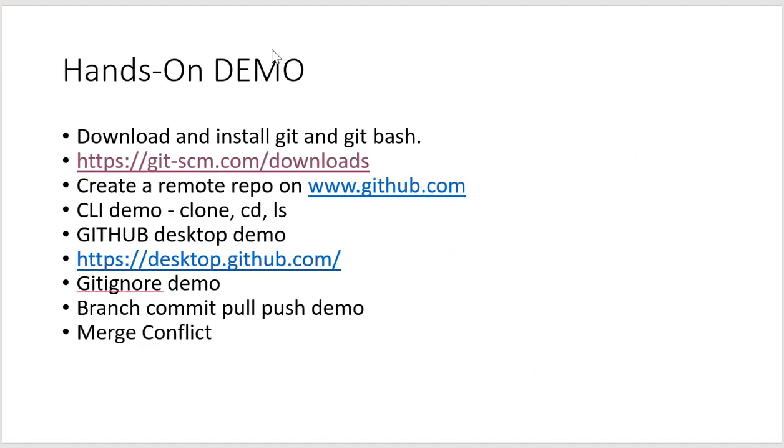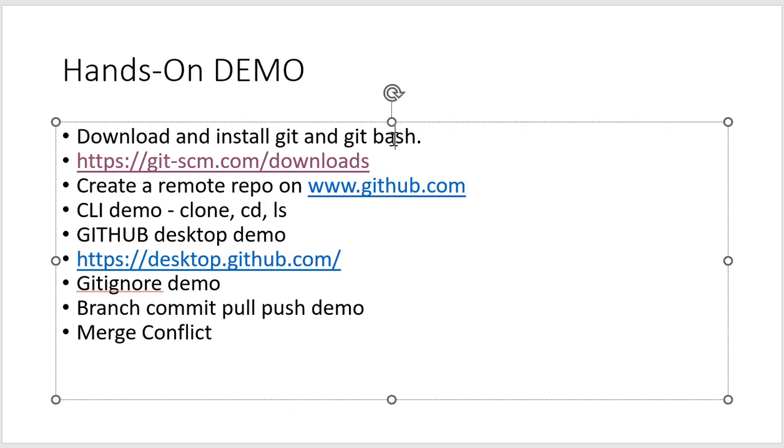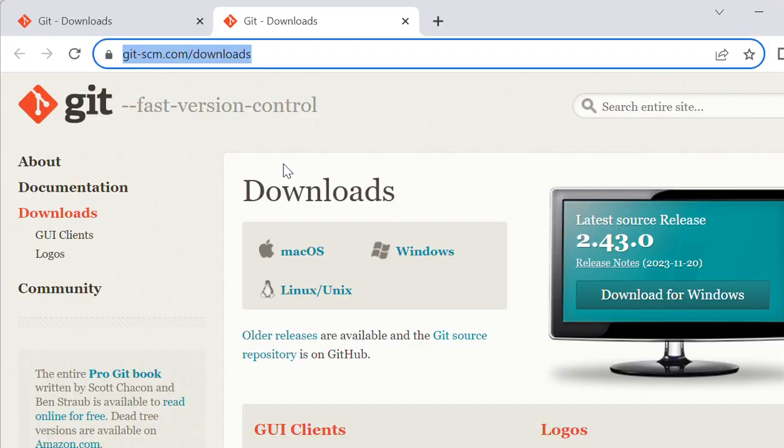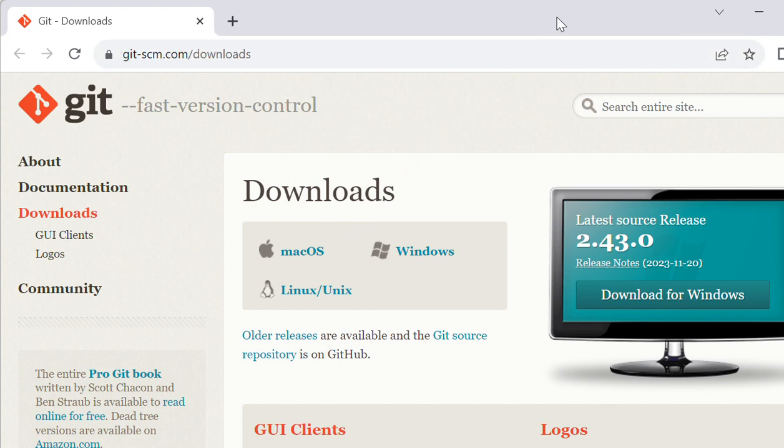Okay, so now let's get started with a hands-on demonstration, because I don't want to bore you guys. You can click on this link. I will drop it in the description. I'm going to click on it. As you can see, this is the link, and I'm guessing you guys are all using a Windows machine, right?